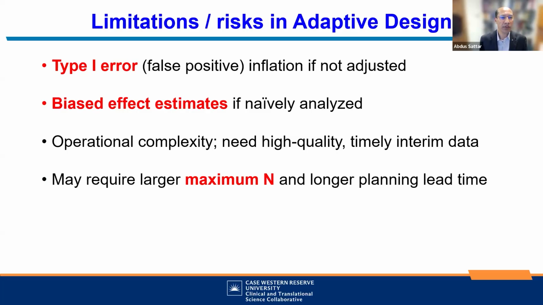And biased effect estimates: if the analysis was not done appropriately in a sophisticated manner, then naive analysis could lead to biased effect estimates. Others: it may require a larger maximum N depending on the conditional power that I'll be talking about more later, and a longer planning time.